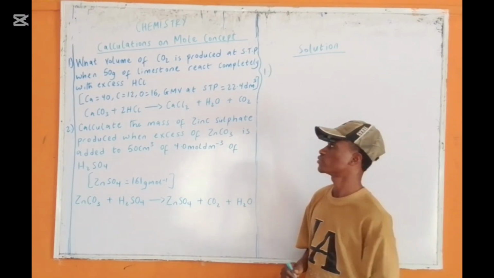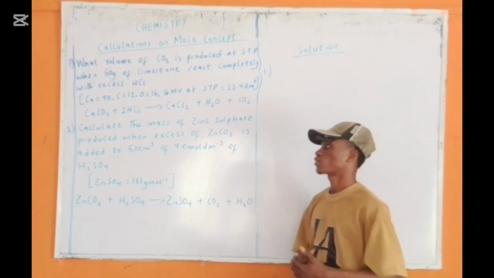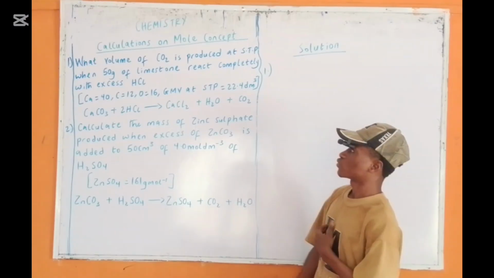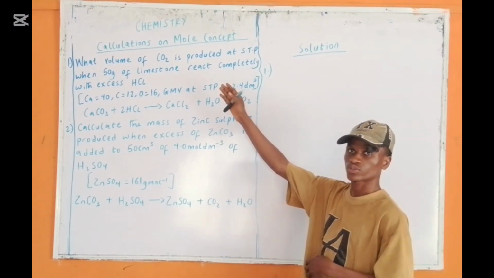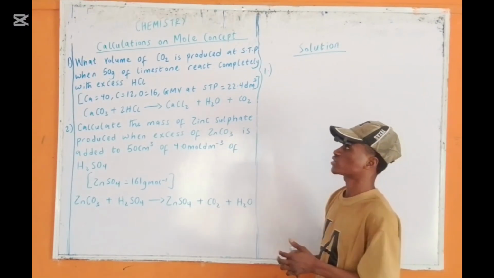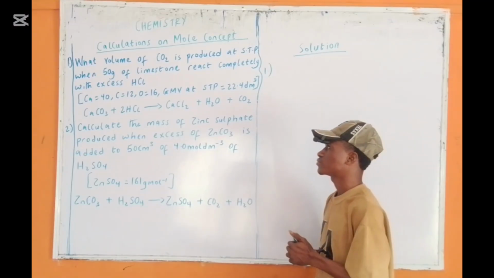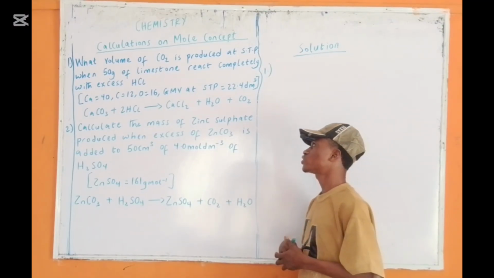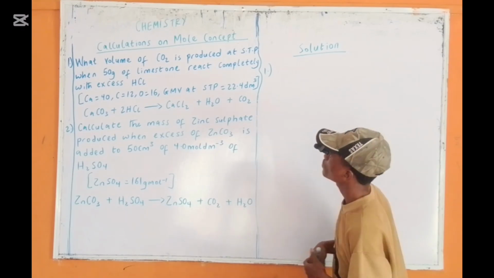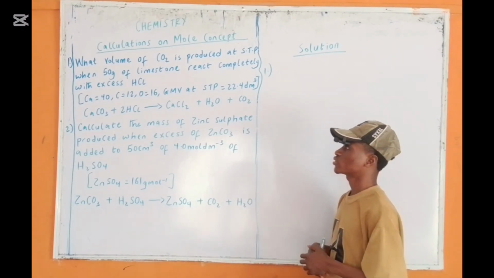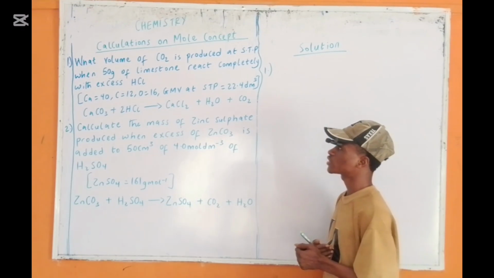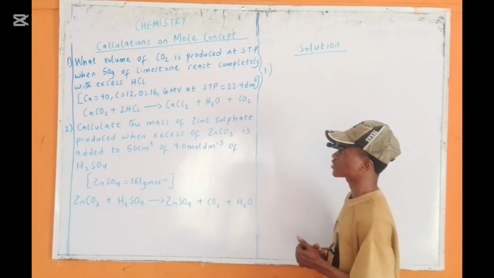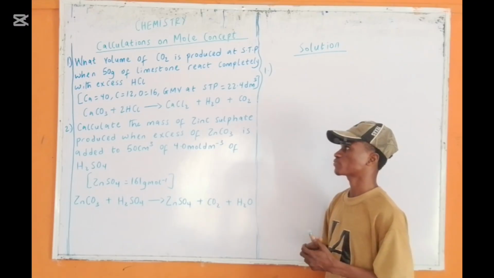Now on the board, we're having questions which is calculations on mole concepts. Number 1 says that what volume of CO2 is produced at STP when 50 grams of limestone reacts completely with excess HCl.